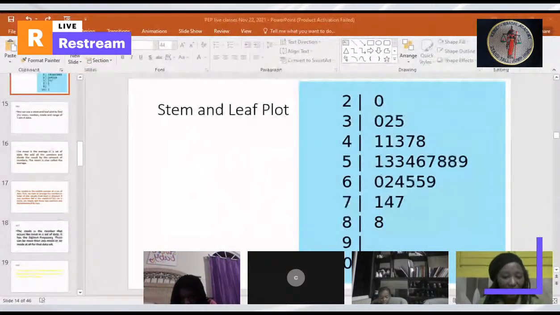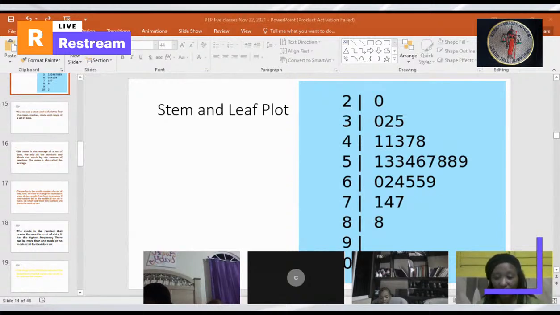So let's go again. We combine each of the stem with the leaves to make the actual number. So don't look at the chart and just focus on the numbers on the right and say, okay, there's 0, 0, 2, 5, 1, 1.